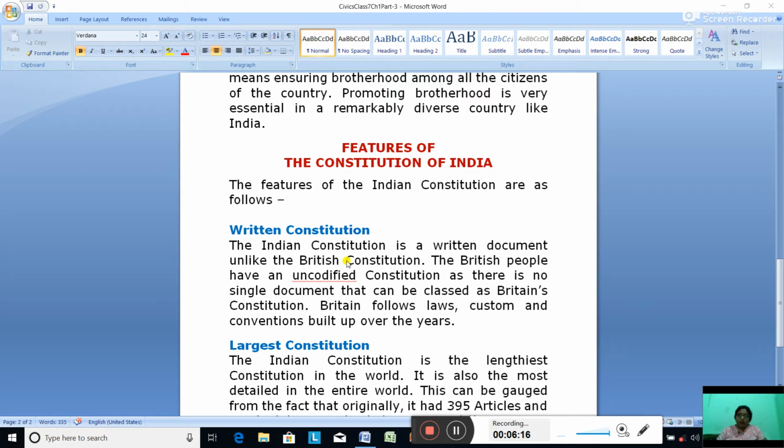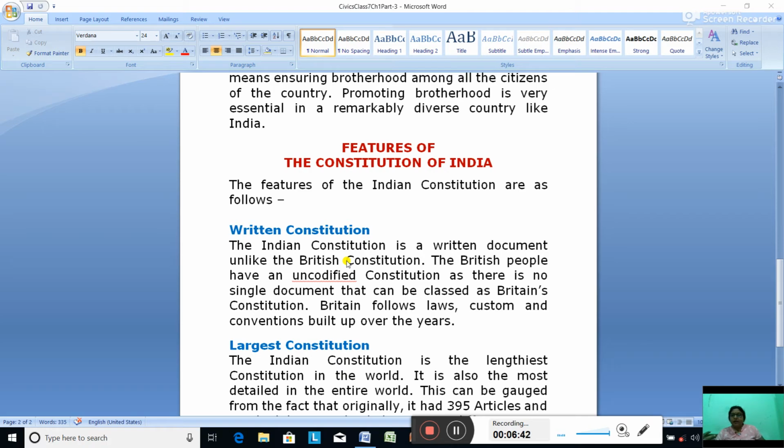It is both rigid and flexible. It provides a federal form of government. Then it has a parliamentary system. Then fundamental rights, directive principles of state policy, single citizenship, and universal adult franchise.